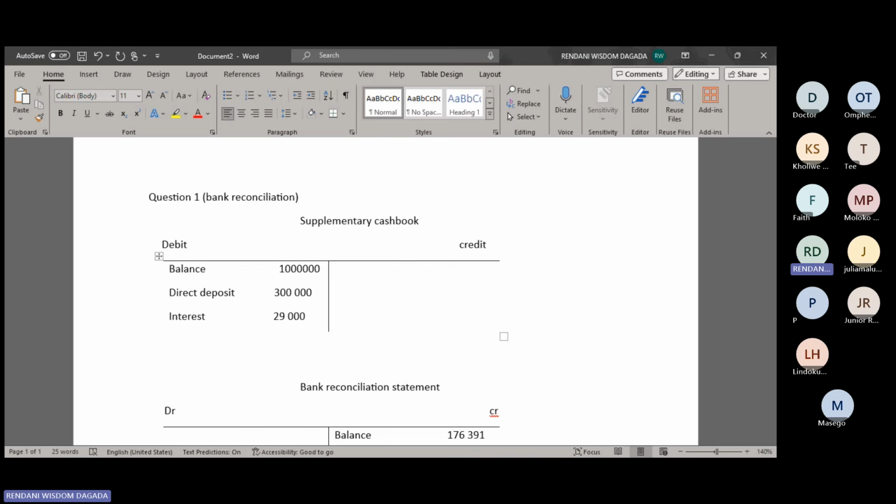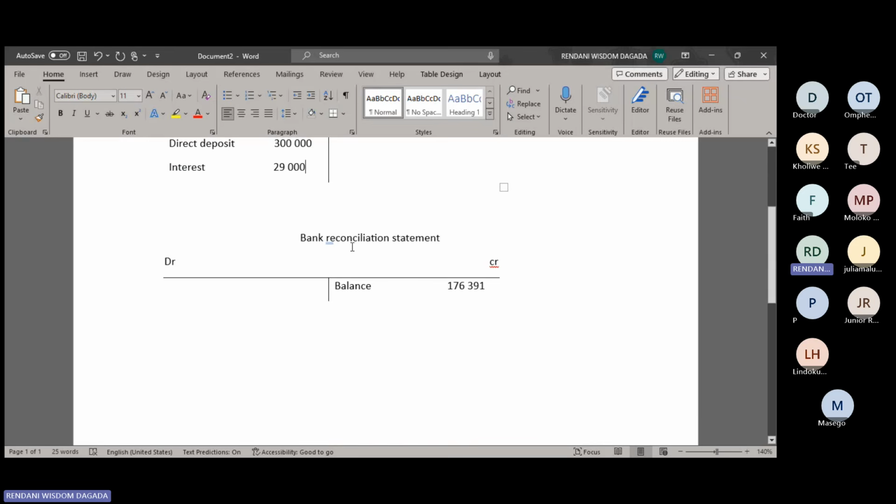Okay, let me just be a little bit quick because nobody is answering or participating. Deposits totaling 35,000 received on 30 March 2023 are not reflected on the bank statement. So there are deposits worth 35,000 which are not reflected on the bank statement. We are going to go to the bank reconciliation statement because now we are dealing with the bank. Are deposits negative or positive?